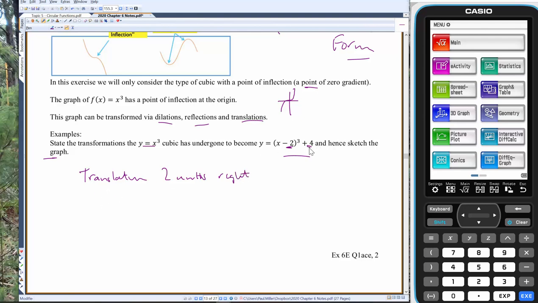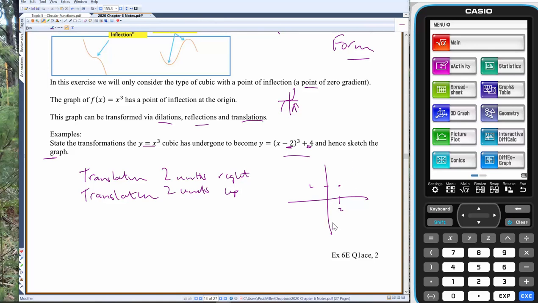And this plus 4 is a translation of 4 units up. So we know that that's the basic shape. So what will happen is it's going to go 2 across and it's going to go 4 units up. So let's put the stationary point there.